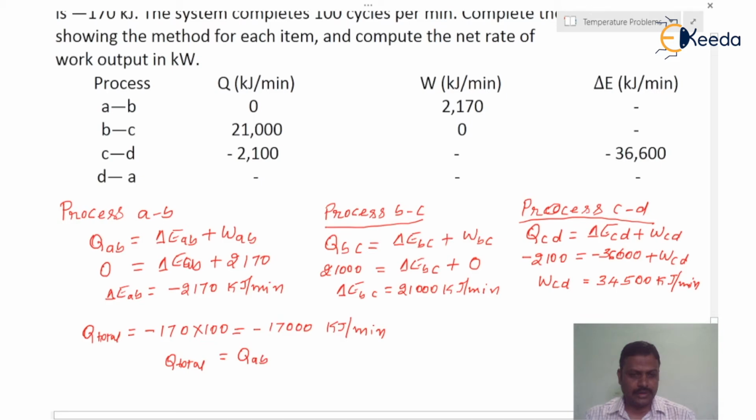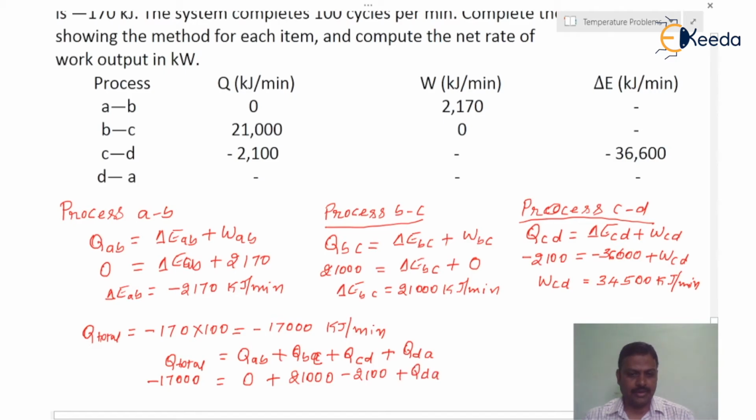So Q total is given by QAB plus QBC plus QCD plus QDA. So Q total is minus 17,000 kilojoules per minute, equal to QAB, which is 0, plus QBC, which is 21,000 kilojoules per minute, then QCD is minus 2,100 kilojoules per minute, plus QDA.